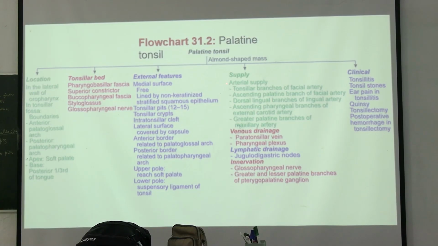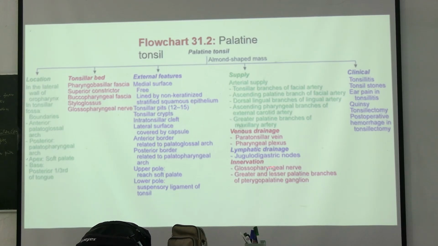Now, arterial supply: tonsillar and ascending palatine branches of the facial artery, dorsal lingual branches of the lingual artery, ascending pharyngeal branches of the external carotid, and greater palatine branches of the maxillary artery. Venous drainage: palatotonsillar vein, pharyngeal veins. Lymphatic drainage: jugulo-digastric nodes.